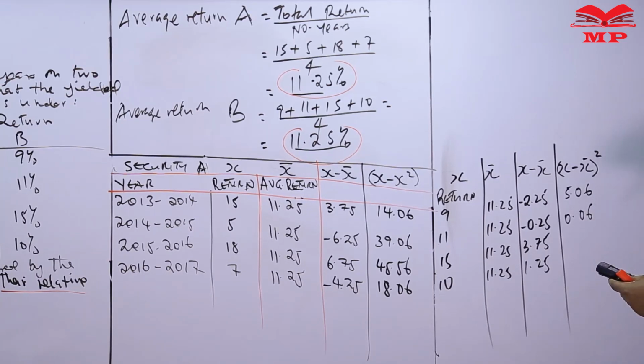Next, 3.75 squared is 14.06. And lastly, 1.25 squared is equal to 1.56.